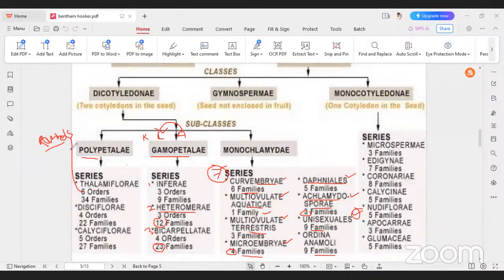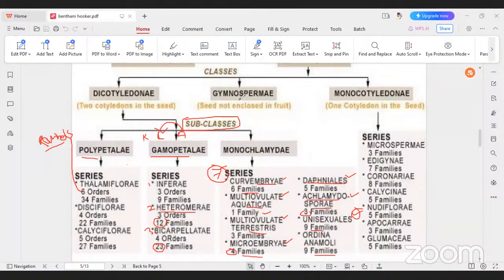So this is all about dicotyledons, and the dicotyledon subclasses are completed. Now, the next class, gymnosperms. I already told you, the presence of naked seeds is an important feature. There are three families.